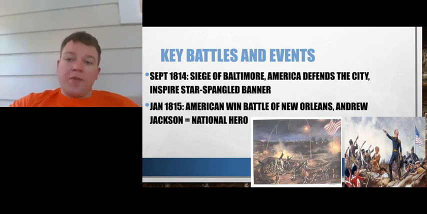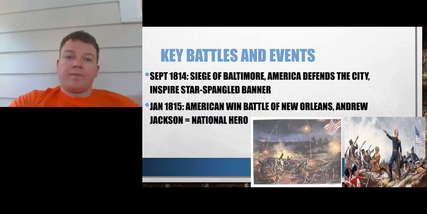Britain wanted to control that coastal city, perhaps capture it, and then be able to keep it after the war. However, Andrew Jackson and his mixed bag of militia and American soldiers and slaves and pirates were able to thwart the British forces, mostly due to using the geography of New Orleans.